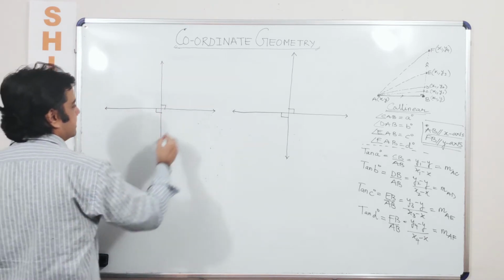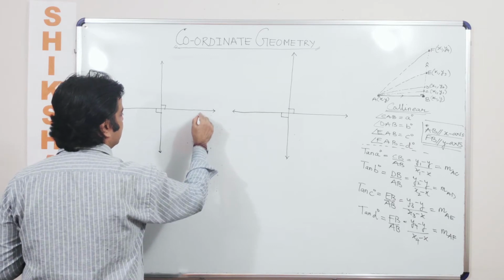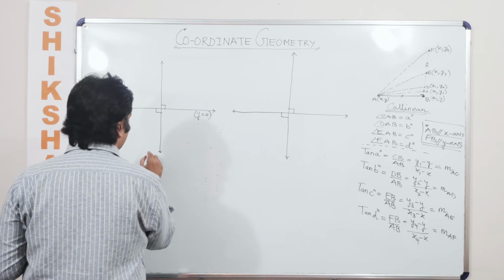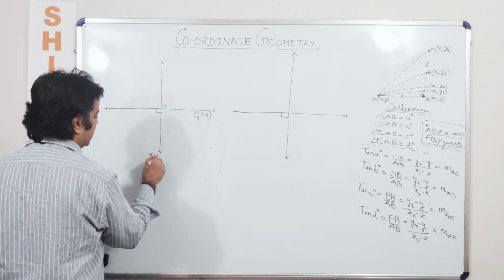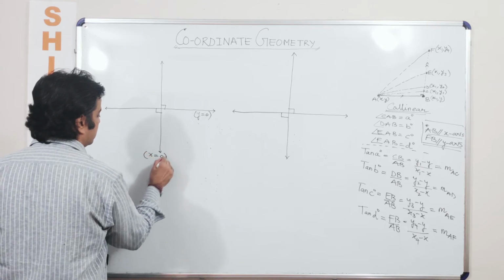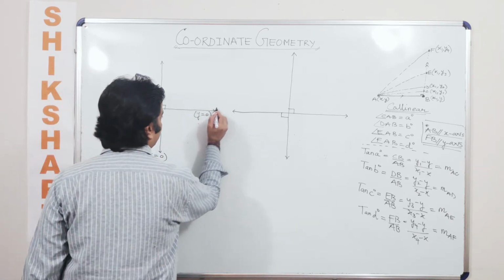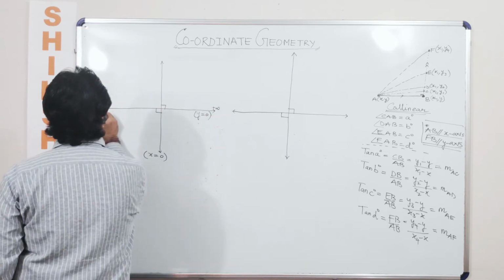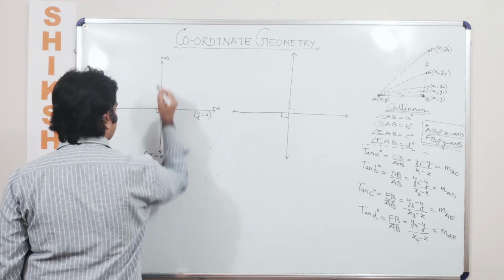If you recall, last time we talked about the equation of the line, which is the x-axis, is y is equal to 0, and the equation for the y-axis is given by x is equal to 0. I hope there are no doubts about this. At the same time, we know that this is the positive side of x-axis, which is positive infinity, and this is the negative side of x-axis, positive side of y, negative side of y.